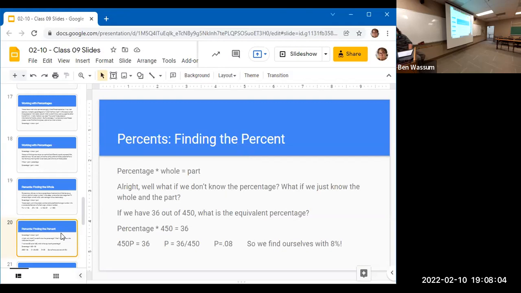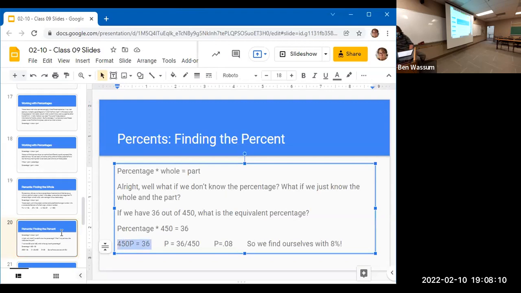And I just took the letter P for percentage as my variable. I said, okay, I have 450P is equal to 36. I can divide both sides by 450. I get 36 over that. And then I would throw it at a calculator. We happen to end up with 0.08. Converting that to a percentage, we have 8%.